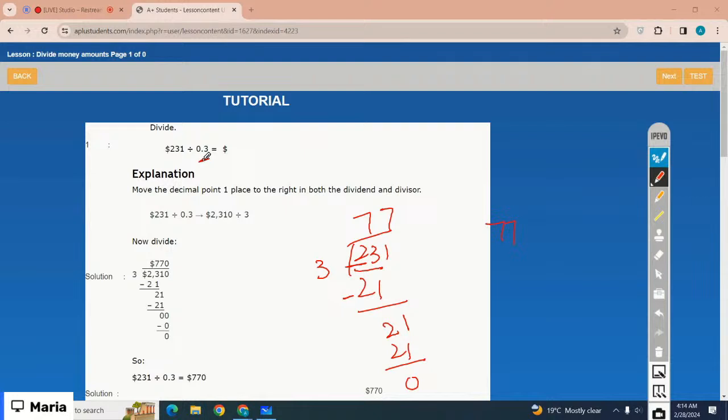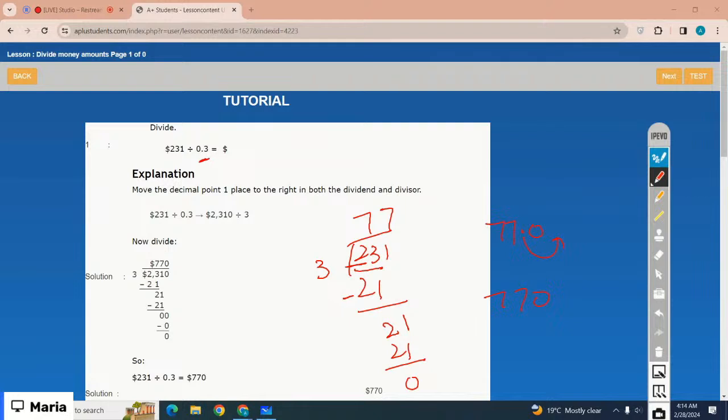The answer must have one decimal place, as you have one decimal place over here, right? You are dividing, not multiplying. When you are multiplying, you move the decimal point left. But when you are dividing, you need to move the decimal point one place. You have to move from here to here, so that is 770. Got it? So the correct option is 770.